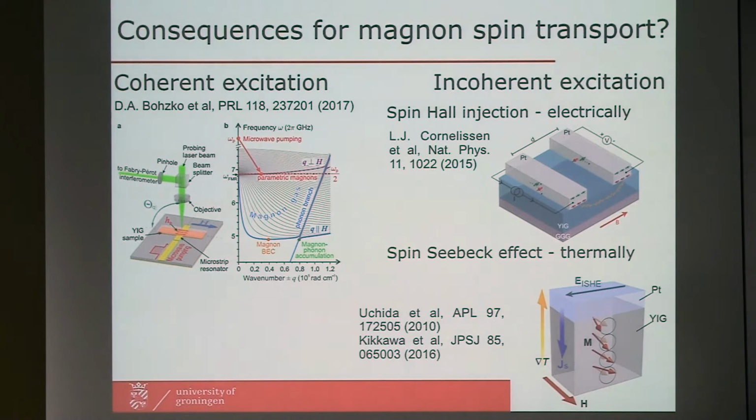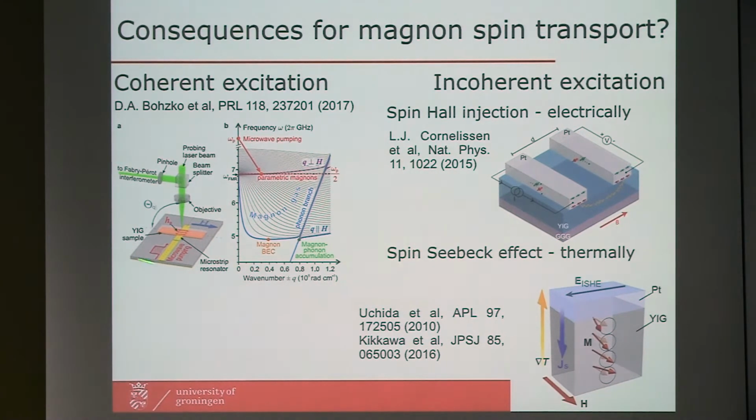All right, so what we were interested in, after learning about all these nice recent results that I just flashed on the previous slides, is what consequence does this have for magnon spin transport? As was already shown by Bosco and co-workers, this indeed has a consequence if you are exciting magnons coherently.